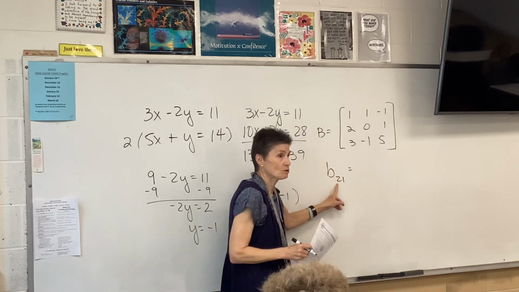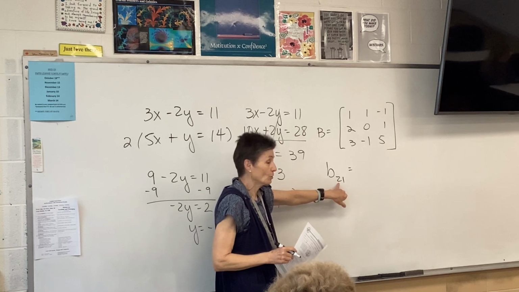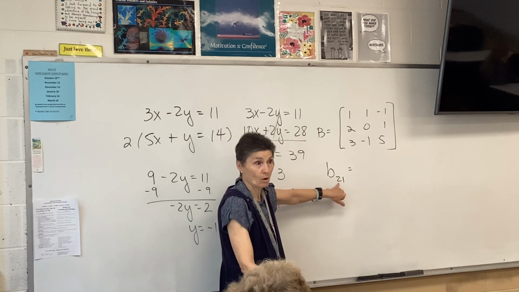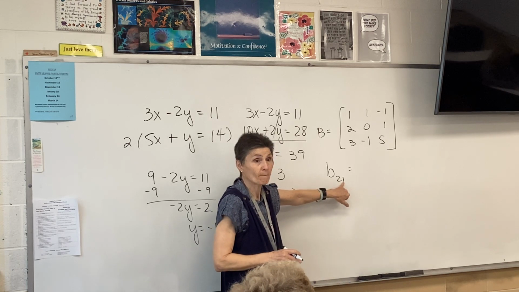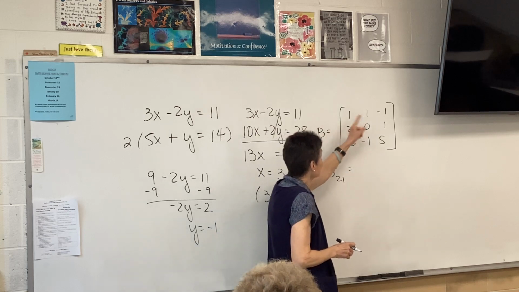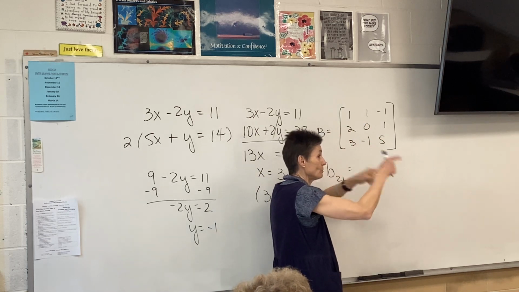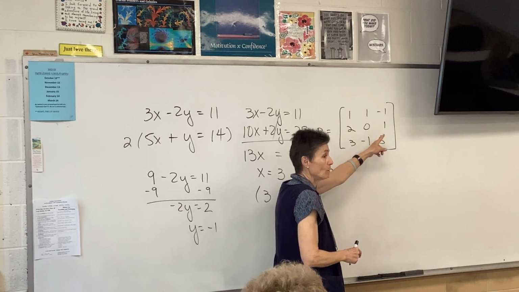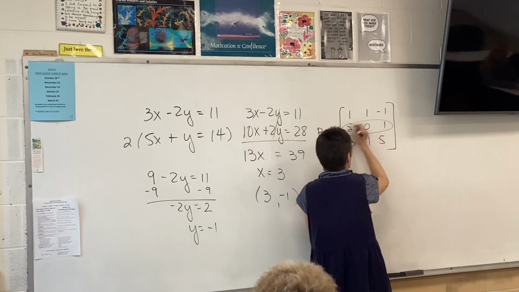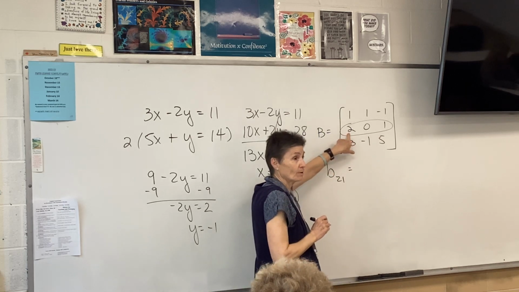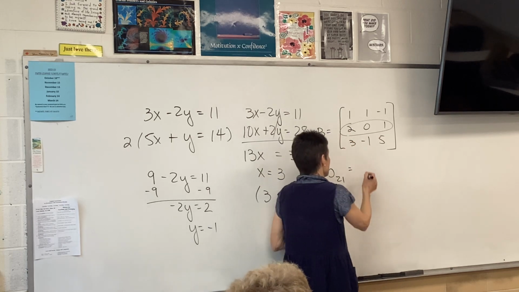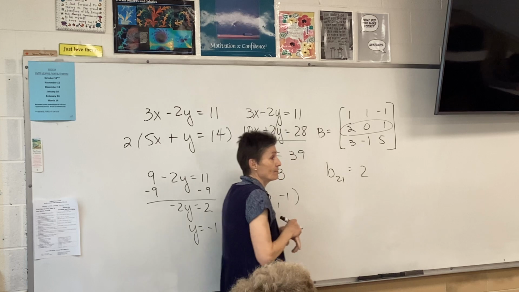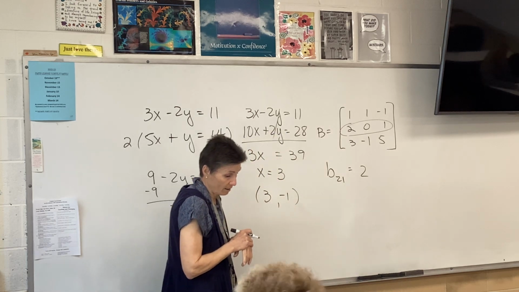This tells me where to look. This says look in the second row for the first column, first number. So in the second row, rows go this way, here's the second row, the first number is 2. So that's the entry that's in the second row, first column.